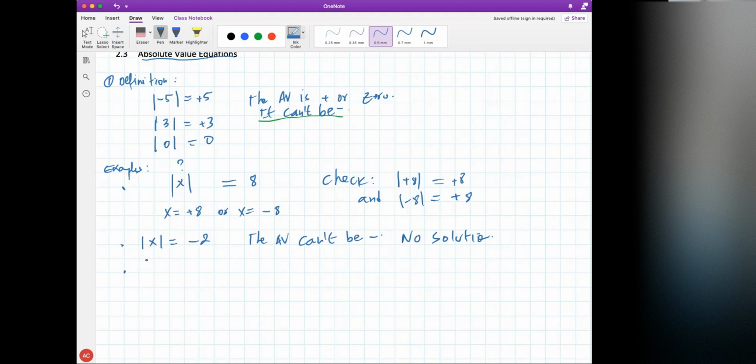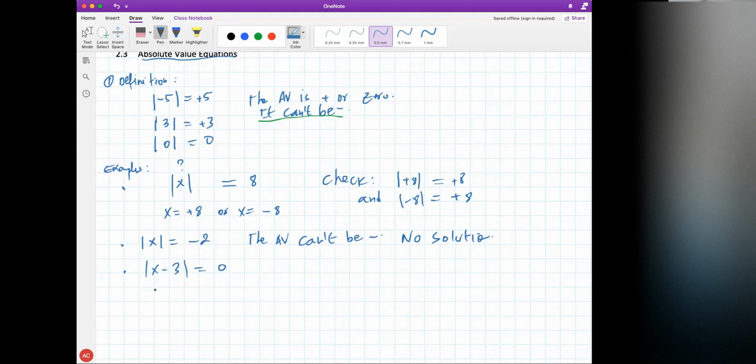And the third case is when you have, for example, the absolute value of x minus 3 equals 0. So what could x be here? So you can get 0 from this expression. Positive 3.